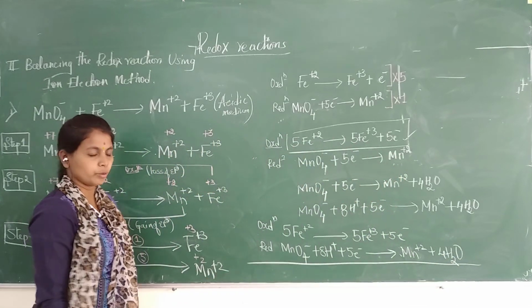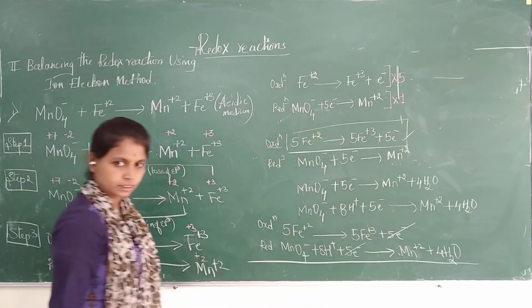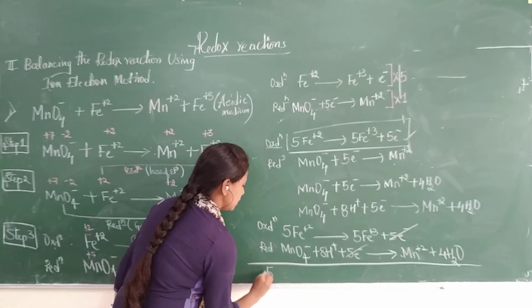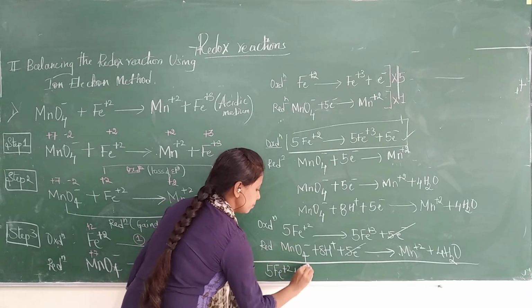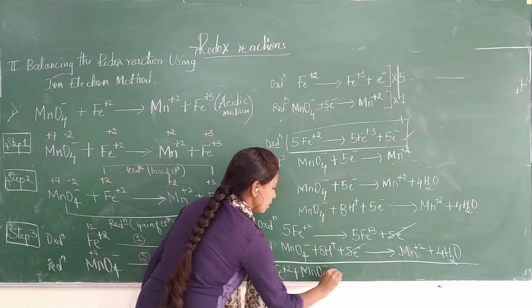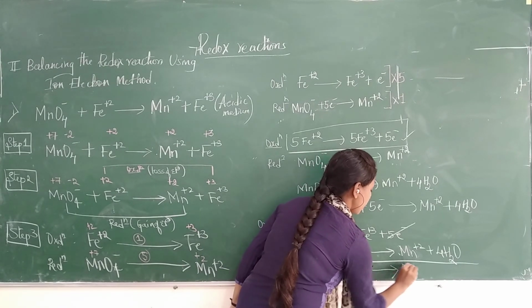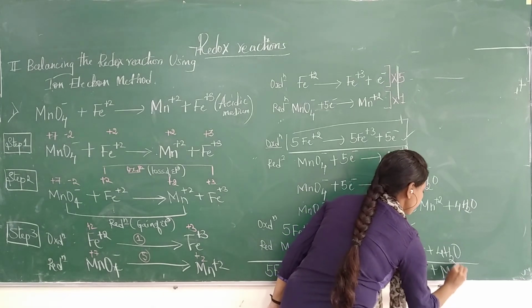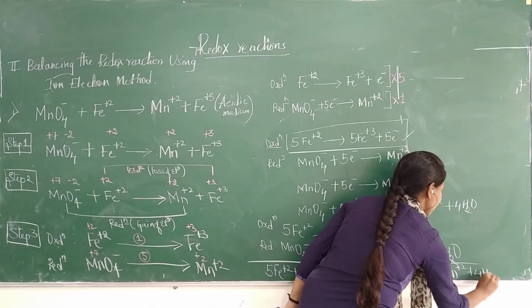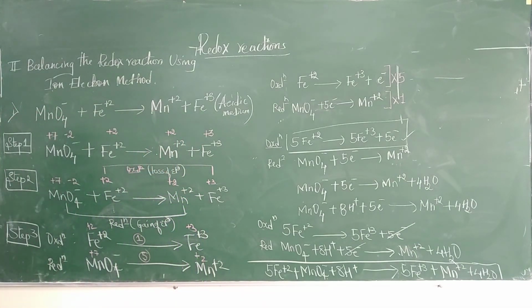So when we are writing our overall reaction here, 5 electrons and 5 electrons get cancelled. Hence our balanced redox reaction will be MnO4 minus plus 5Fe plus 2 plus 8H plus, which gives rise to 5Fe plus 3, Mn plus 2, 4H2O. Clear? This is how we are going to balance a redox reaction using ion electron method.